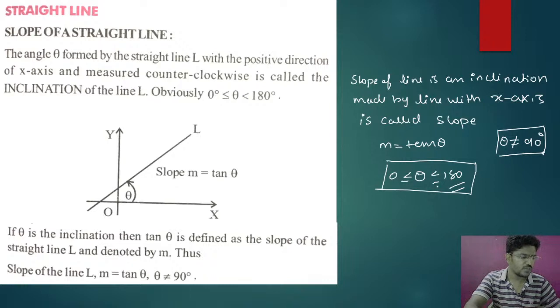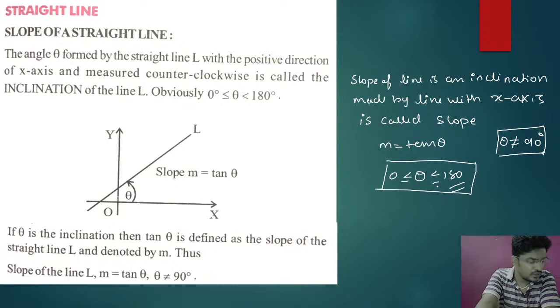So quickly reply me if you know the definition of straight line as well as the slope definition. If you have understood, you can reply me with yes, no problem. So you have to reply so that I can understand that all of you are following my class.